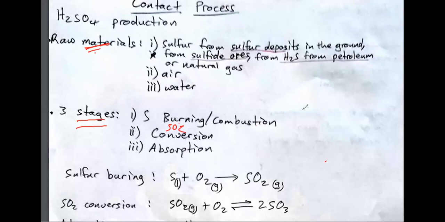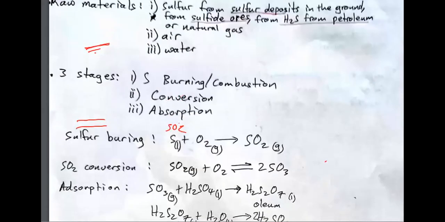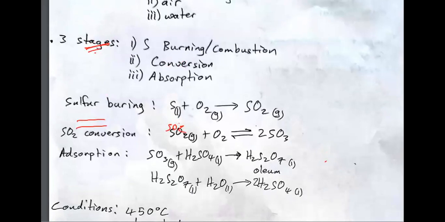For sulfur burning, it's a simple combustion reaction. Sulfur plus oxygen gives us sulfur dioxide. SO2 conversion, that's the important one. This is the important equation that several questions can stem from. The reason why it is important is that it is an equilibrium reaction, and the enthalpy change is negative.